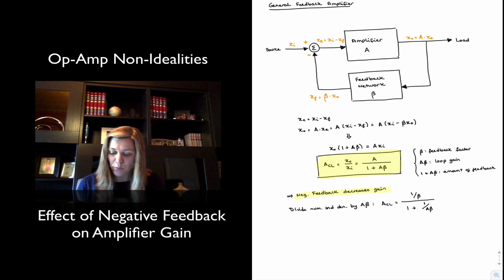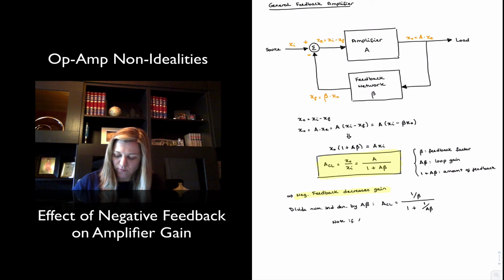And that is also an important result. So note that if A beta is much larger than 1, then 1 plus 1 over A beta is approximately equal to 1. And therefore, the closed loop gain is approximately equal to 1 over beta.